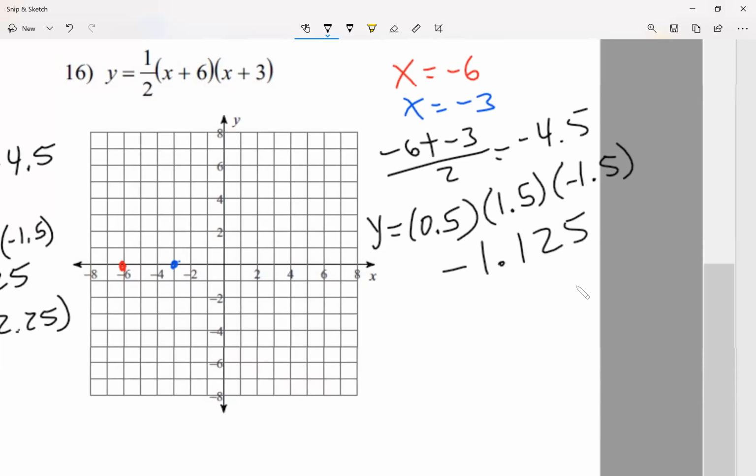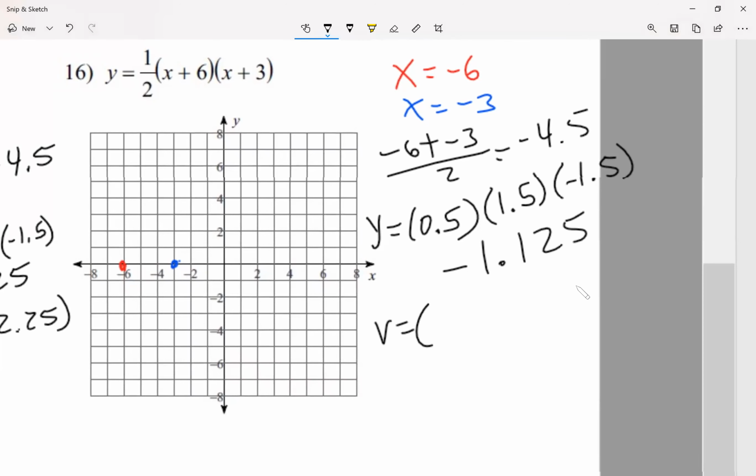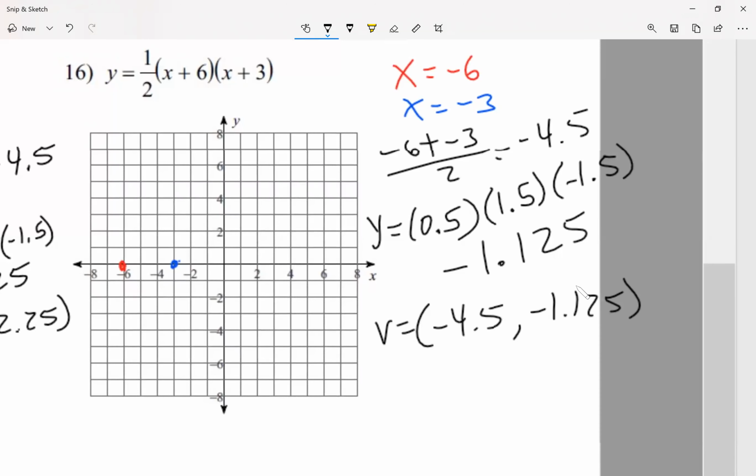-1.125. Ooh, okay. So my vertex is -4.5 and -1.125. I know how to do the -4.5, right? It's in between -4 and -5. -1.125, it's a little lower, just a tad lower than -1.